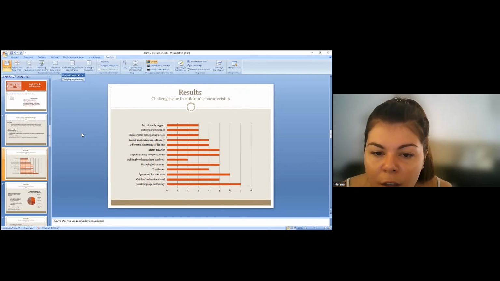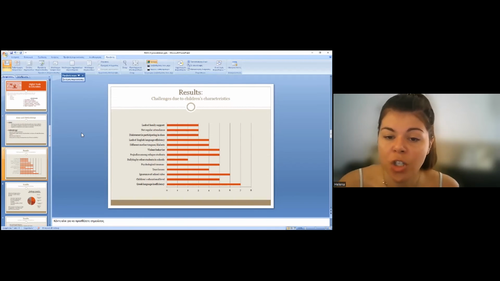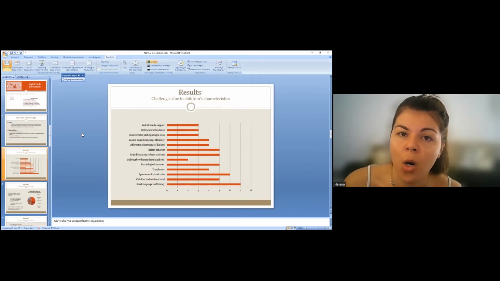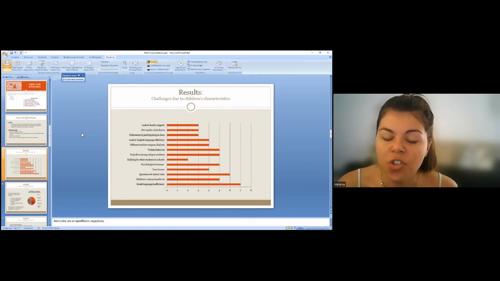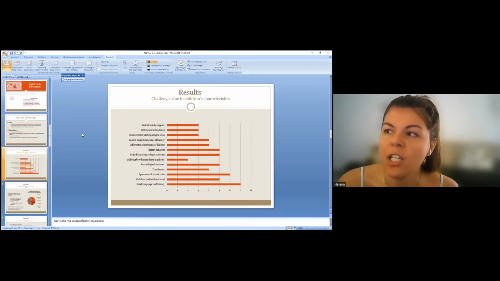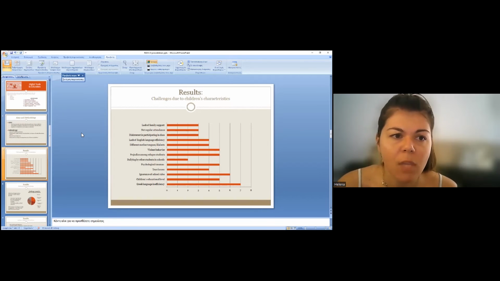Moreover, there was prejudice among refugee students. This is also really important, because some refugee students come from a different environment. They had different political or religious thoughts, so they fought each other. And this is also another challenge that teachers had to face in class.